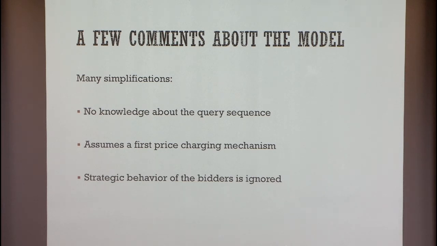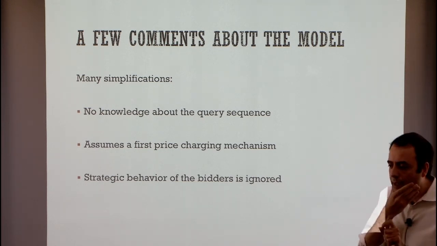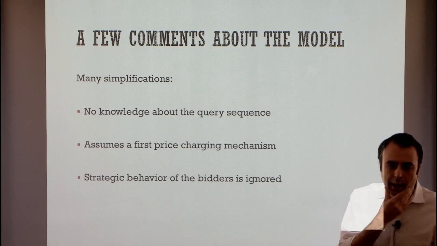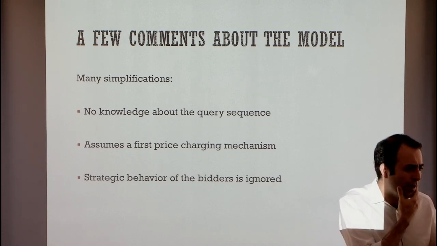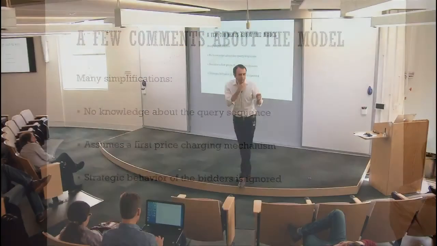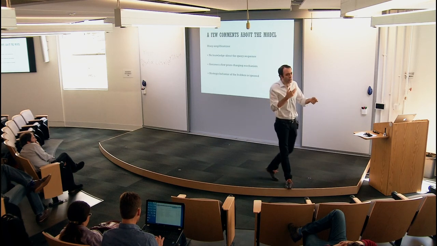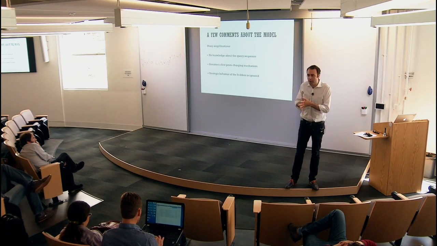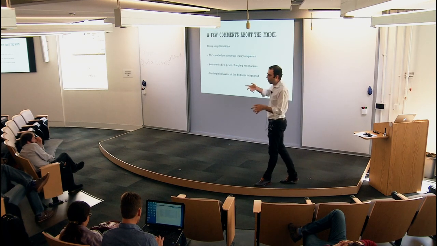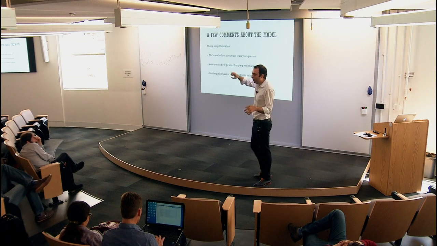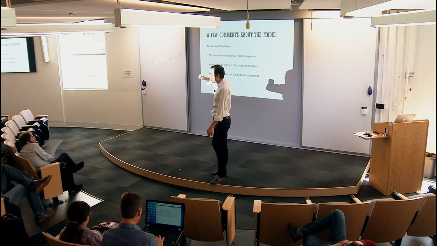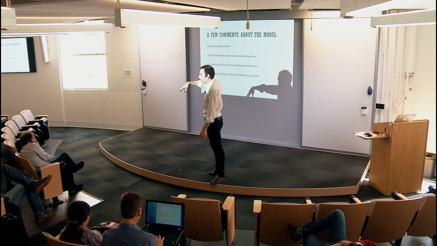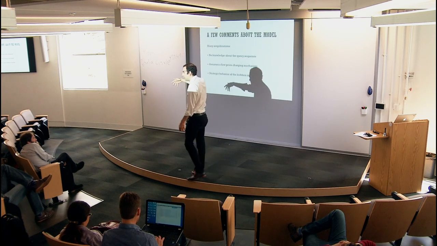Now, I assume that we charge the bidder his or her bid. This is not what's happening in practice. Typically, there is a second price auction. What Google uses, for example, is a generalized second price auction. A number of ads are chosen, and they are, for example, shown on a search page, on the right-hand side.